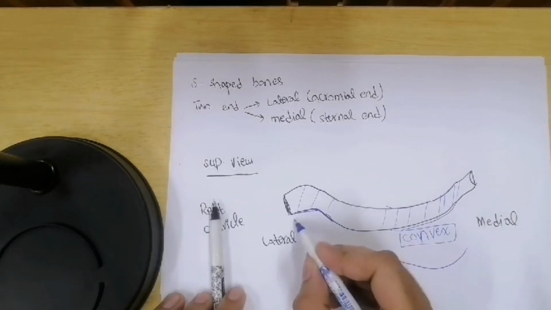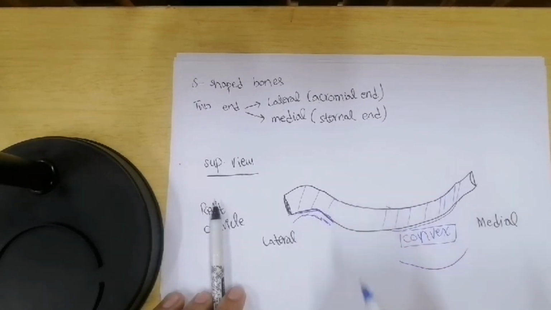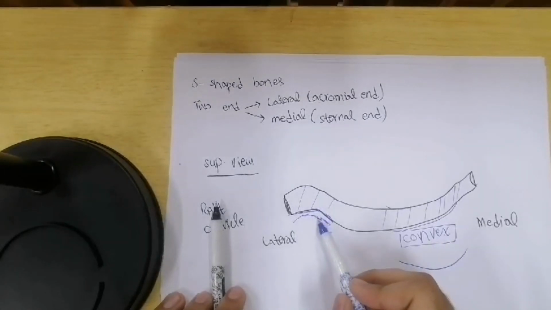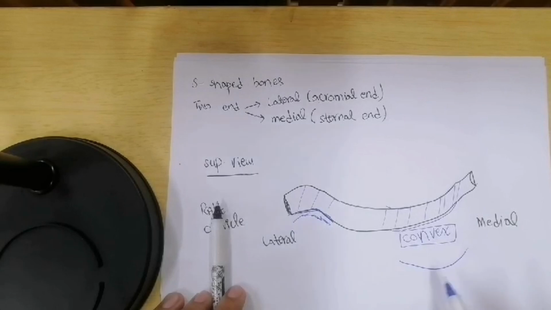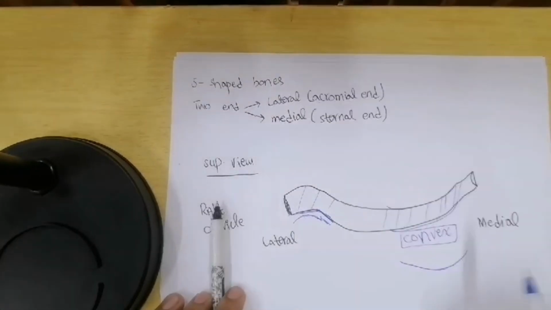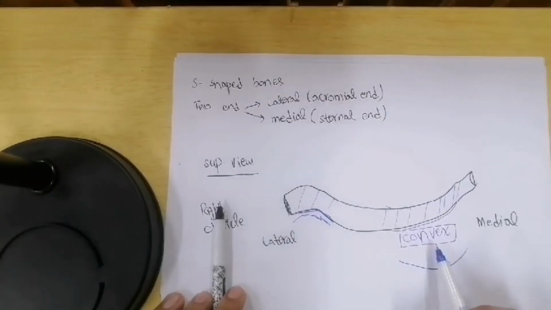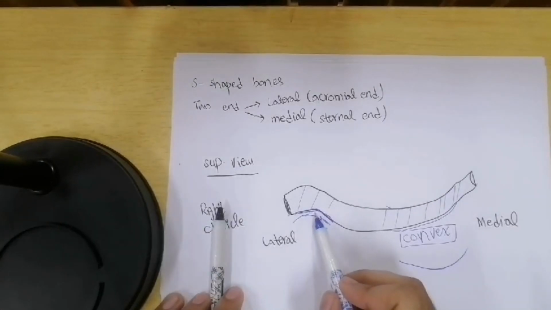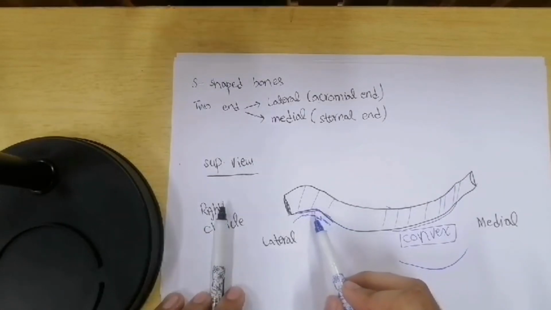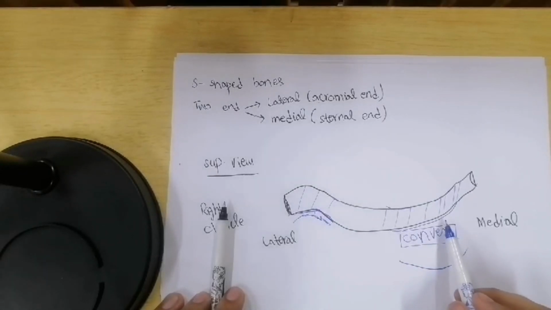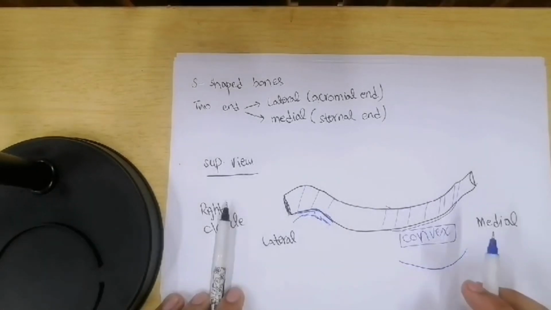When the curve is directed inside, that shape is the concave shape, and when the curve is directed outside, that shape is known as convex shape. So the lateral part of the clavicle is concave and the medial part is convex in shape. So it is an S-shaped bone.